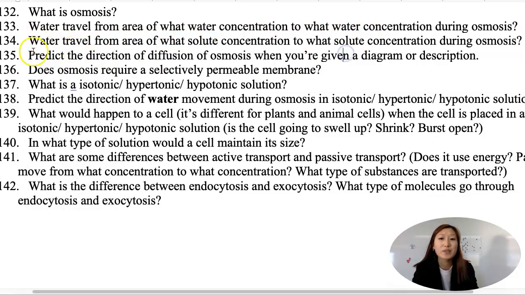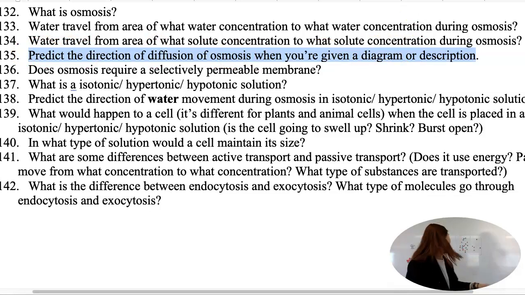You need to be able to predict the direction of diffusion when you're given a diagram. So how this works is that you can draw a diagram. For example, this one right here, you can draw this diagram. You have one side, let's say the dots are solute. Then you should know in your head the blank space is the water. If you have more blank space on one side, this will be high water concentration, low solute concentration.